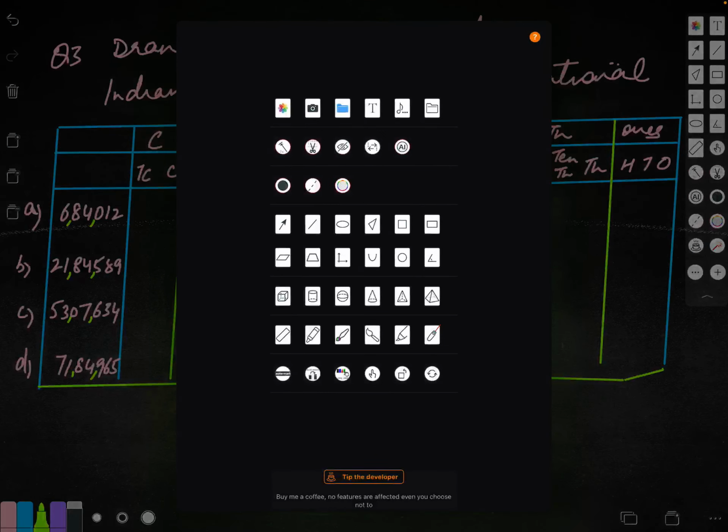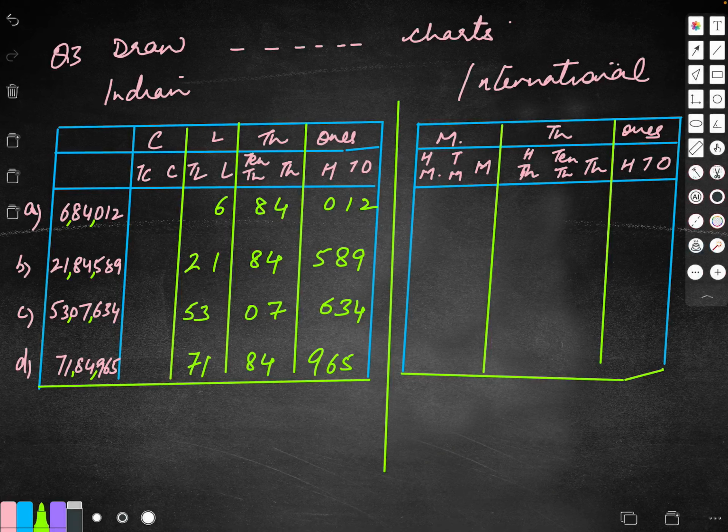Now, for writing the numbers again, children, I will also have to put the comma accordingly, right? So it will be 684,012. It will be 2,184,589. This will be 5,307,634.